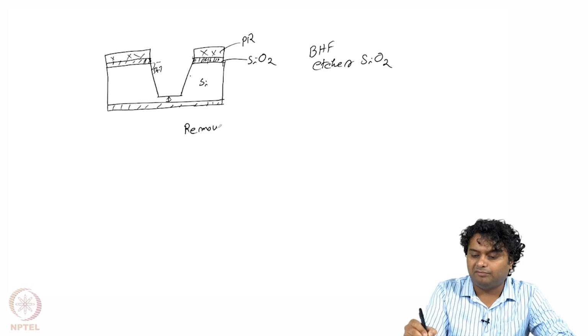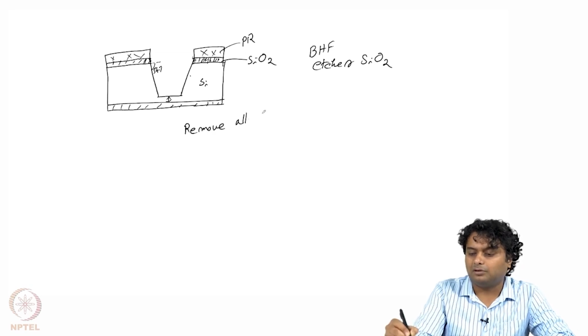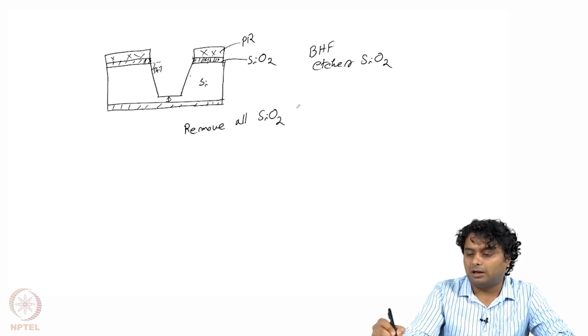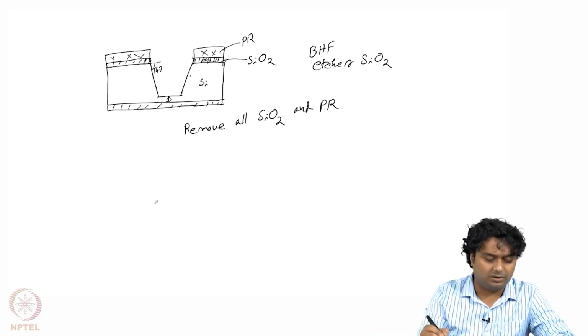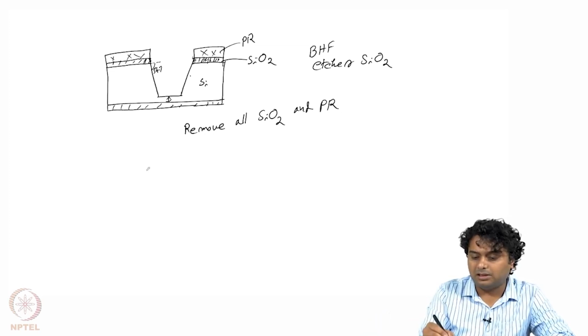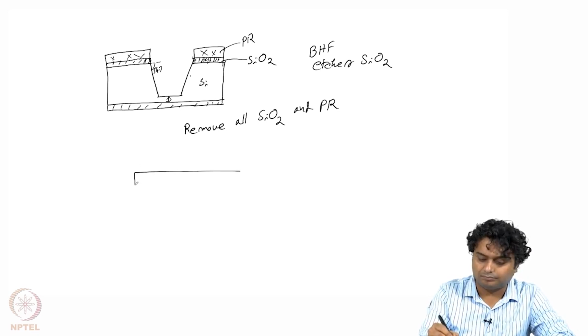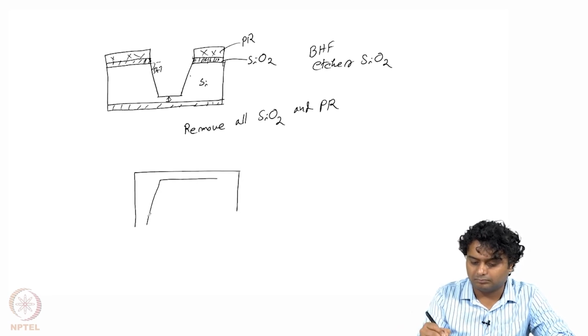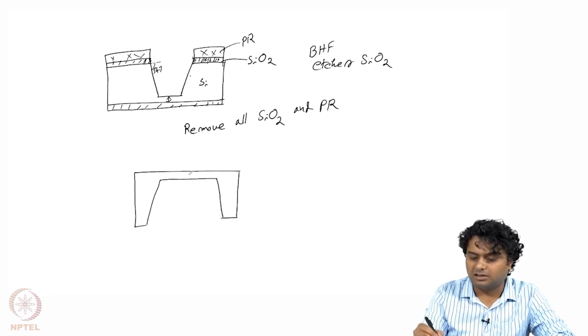We remove all SiO2 using HF or that kind of solution, and we can remove PR by using acetone, and then we get only the silicon structure like this. And this is the membrane.